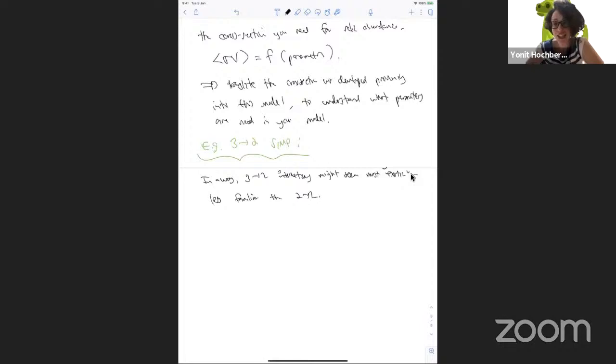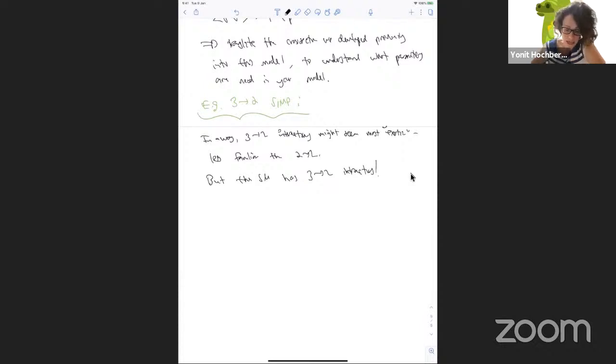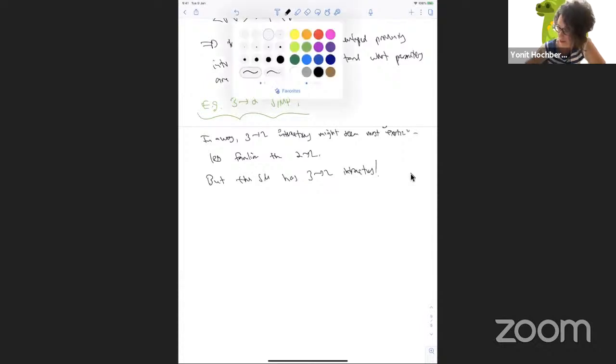But actually, the standard model has 3-to-2 interactions. We're maybe not used to thinking about them, but the standard model itself has 3-to-2 annihilations. It happens in the standard model. And so let me show you how this comes about.